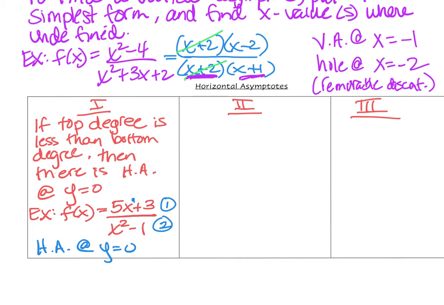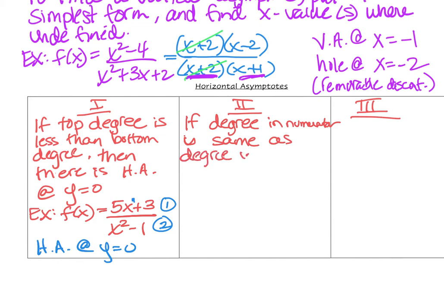So what if, the second scenario would be what if the degrees are the same? Okay, so if the degree in the numerator is the same as the degree in the denominator. Okay, that could happen.